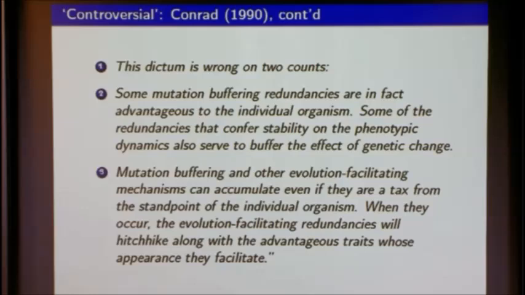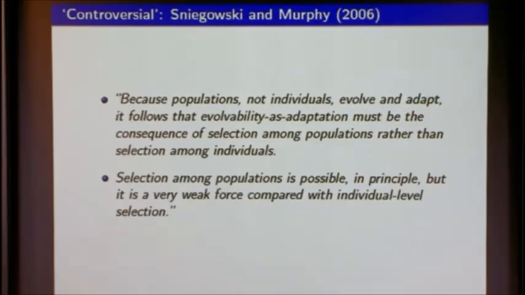And this buffering and other evolution facilitating mechanisms can accumulate even if they are neutral or disadvantageous from the standpoint of the individual organism. When they occur, the evolution facilitating redundancies will hitchhike along with the advantageous traits whose appearance they facilitate. So I'm not going to belabor Konrad's mechanism, but it's clearly an individual-based, not a population-based property.